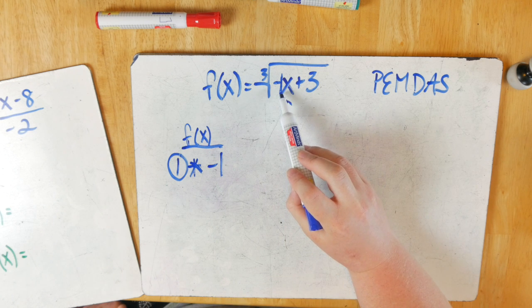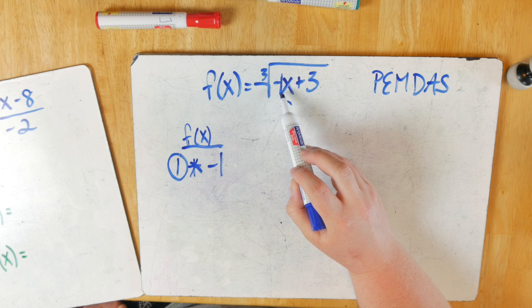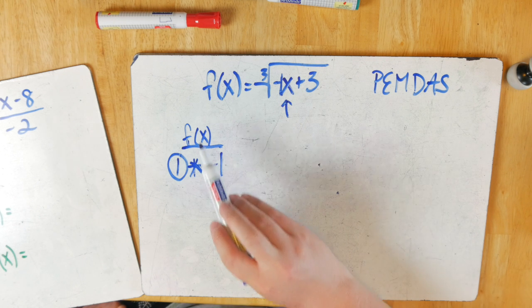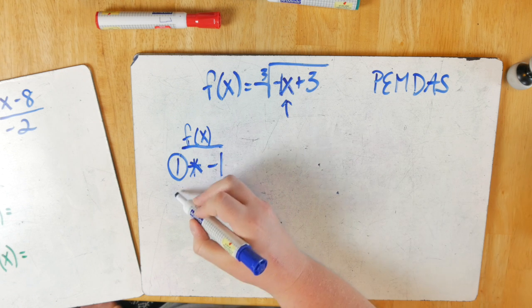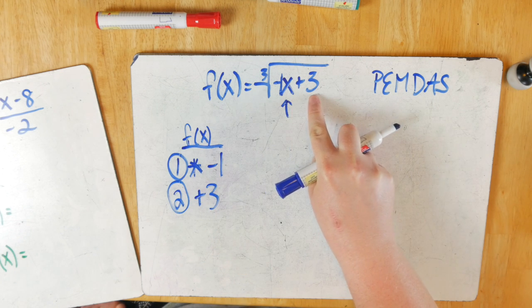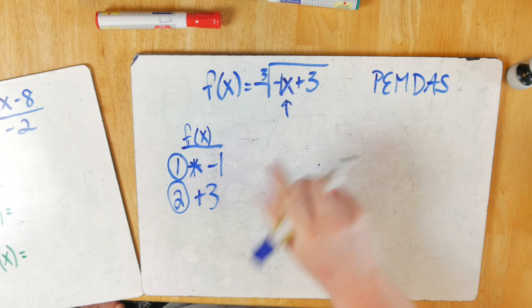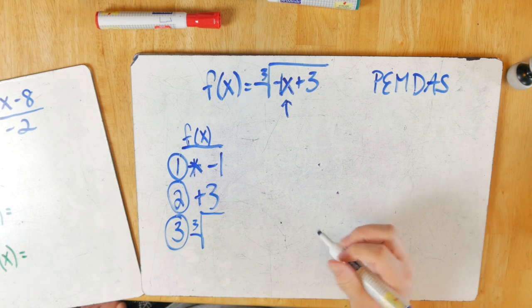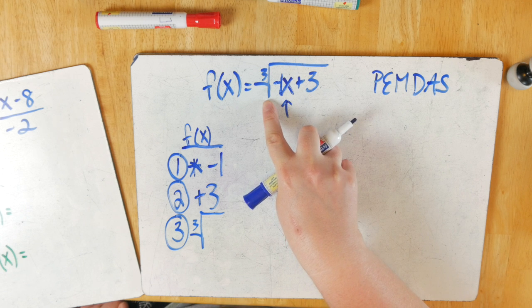It's one of our pieces of invisible math, but we have a -1 being multiplied by x right there. So that would be the first thing that we would do to an input in the f of x function. The next thing that we would do is add 3 to that value. And then the last thing that we would do is take the cube root of that value.